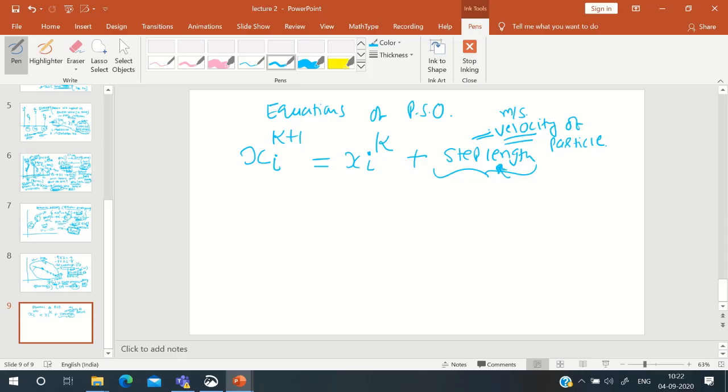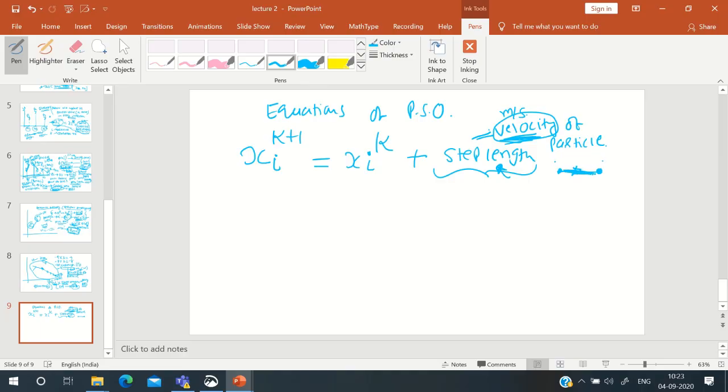Please remember, in the book you will find this word, velocity of the particle. But when you read this word, immediately you should recognize that it is the step length of the particle. So this was the old position, this is the new position of x. So new is equal to old plus this step length.